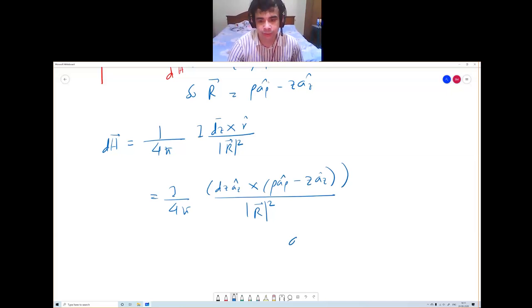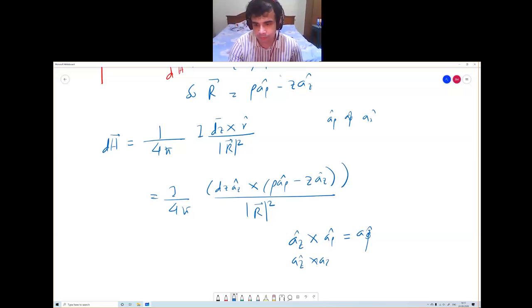Now what is az cross a rho? It is simple. In this order: a rho, a phi, az. A rho cross a phi is az, a phi cross az is a rho, and az cross a rho is a phi. So this is a phi. And what is az cross az? It is 0.